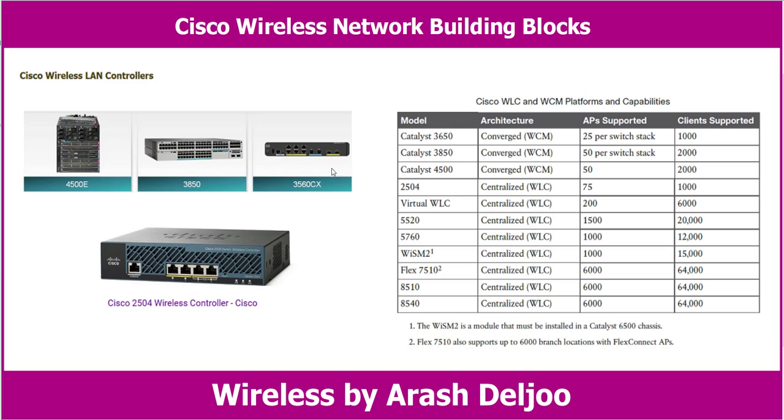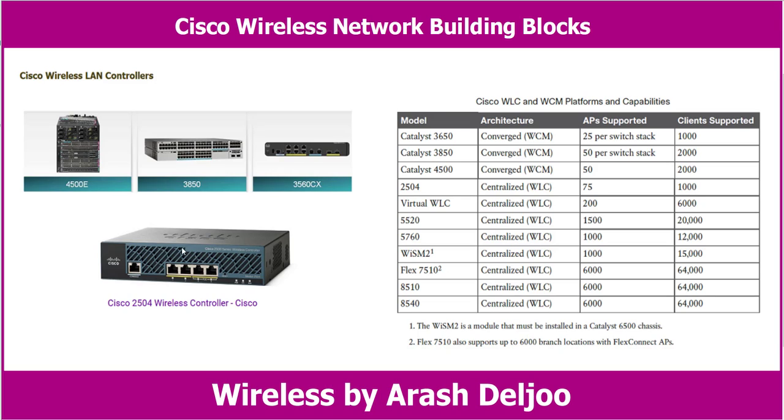About the Catalyst 3850 switch, again we can use it in converged architecture, and it can support up to 50 APs, or access points, and 2,000 clients. And about the Catalyst 4500 series, again the architecture is converged architecture, and 50 APs is the maximum that we can support, and client supported is 2,000.